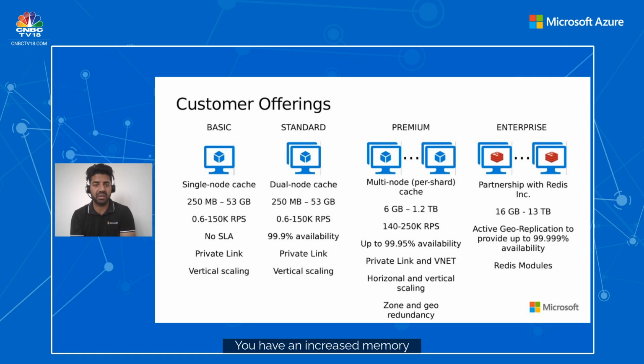You have increased memory for the cache that ranges from 6 gigabytes to 1.2 terabytes. You have increased requests per second, that is 140 to 250K requests per second. Again, the availability increases from 99.9, that is three nines, to 99.95%. You can connect to it using a private link service or a VNet as well.